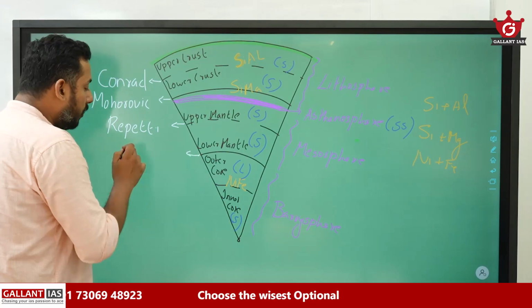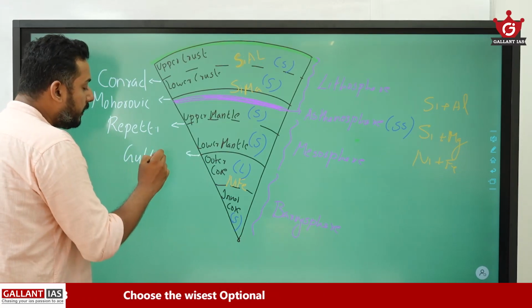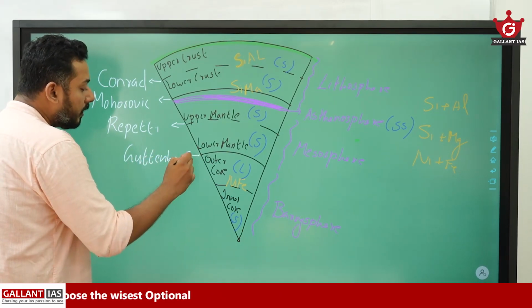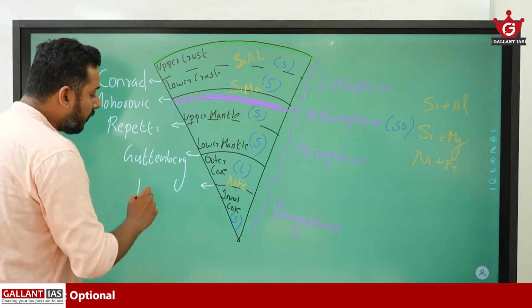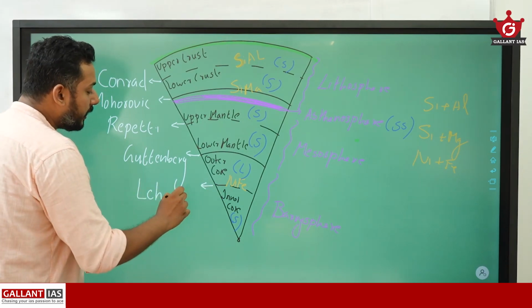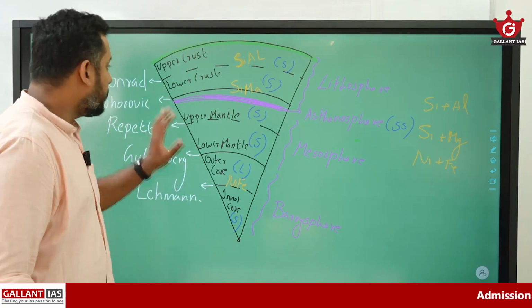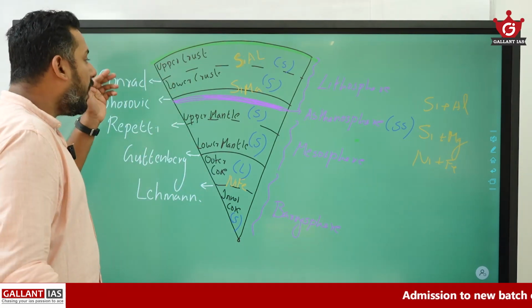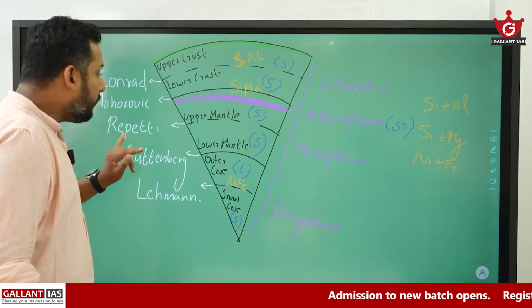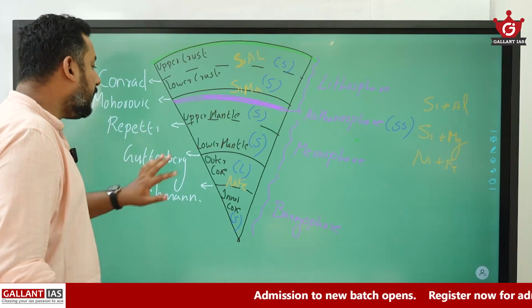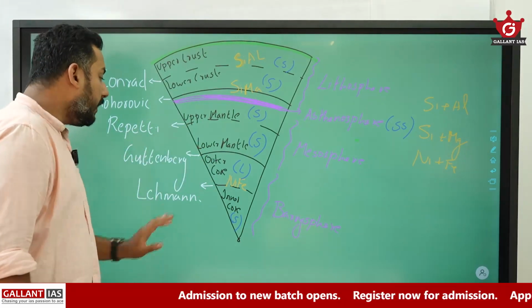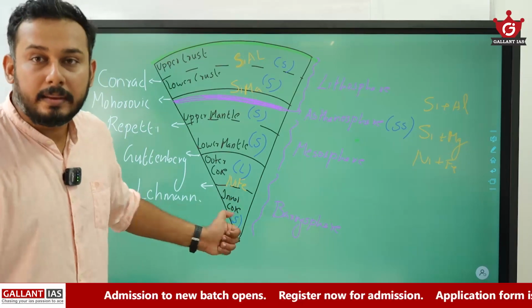Lower mantle and outer core, the Gutenberg discontinuity. And outer core and inner core, we have the Lehmann discontinuity. So discontinuities are basically acting as the boundaries: upper crust, lower crust, Conrad; lower crust, upper mantle, Mohorovicic; upper mantle, lower mantle, Repetti; lower mantle, outer core, Gutenberg; outer core, inner core, Lehmann.